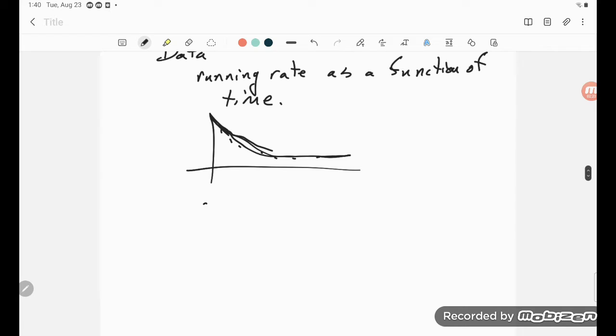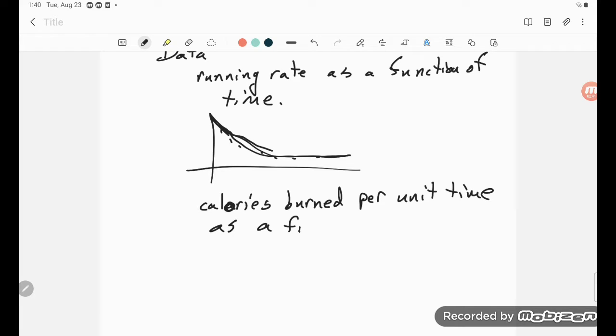I could find calories burned per unit time as a function of running rate.